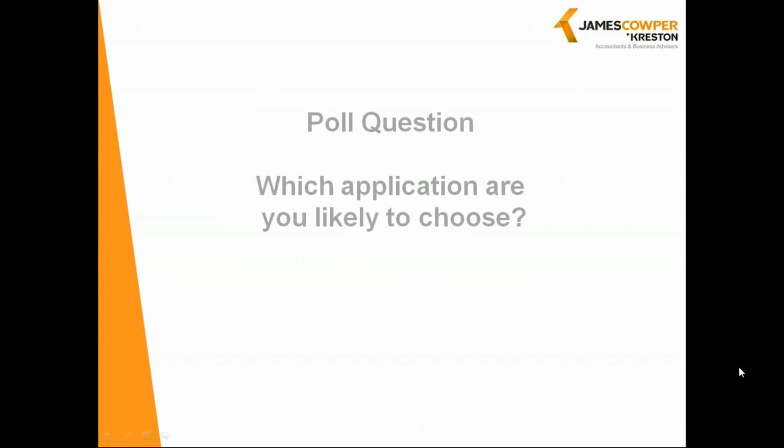So, before we jump into the poll question, transitioning to the new leases standard can be a major undertaking, particularly if you have a lot of leases. Transition options are a major consideration for a business, and the choice you make on transition will impact your financial statements until the last lease in existence at transition expires.